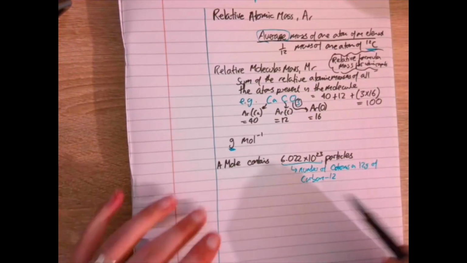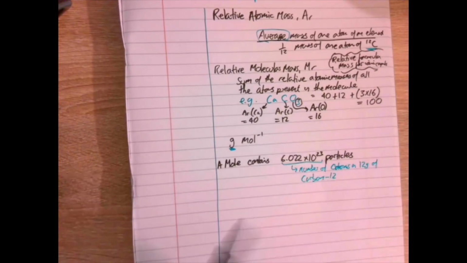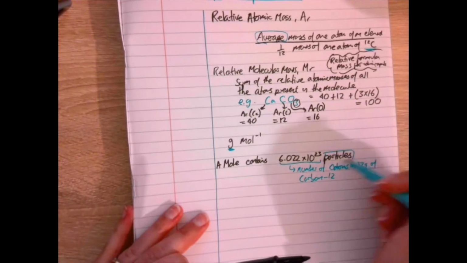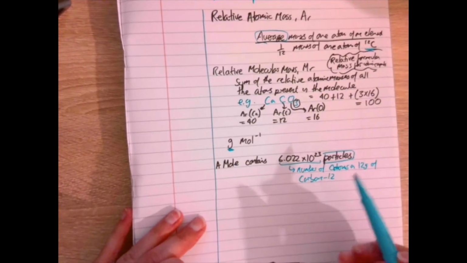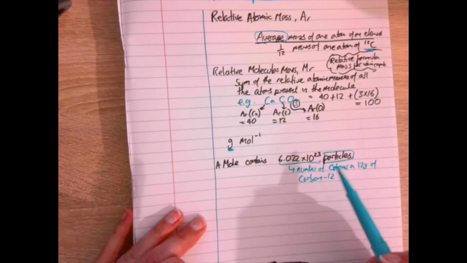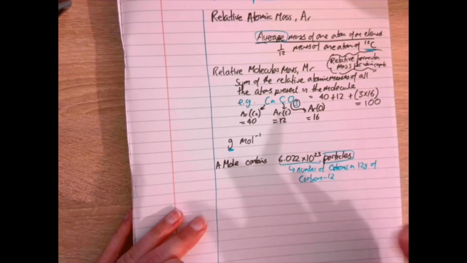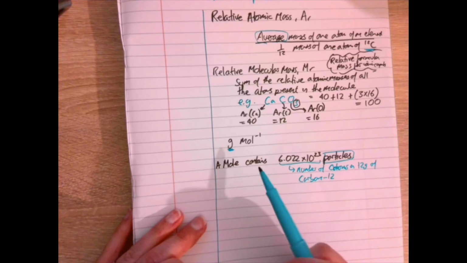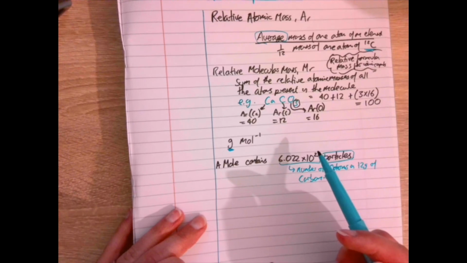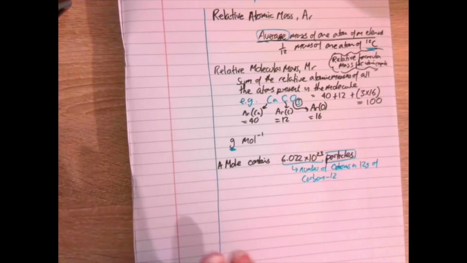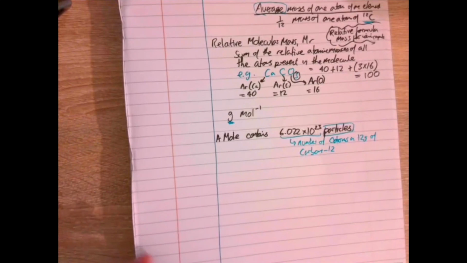A key point to raise is that this says particles, not molecules and not atoms. If a question's asking us for the number of atoms, but actually it's part of a molecule, the mole is going to tell us the number of molecules, and we can then work out our number of atoms. I'll give you an example.